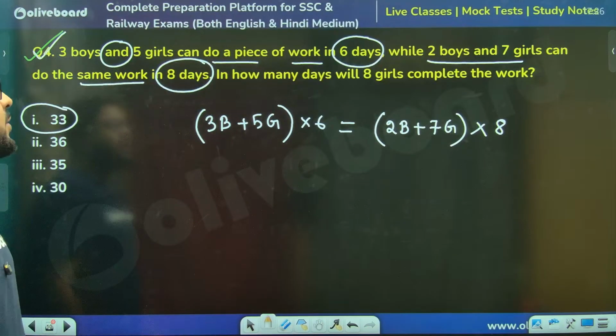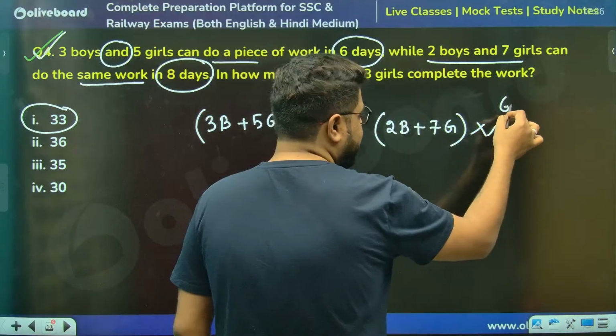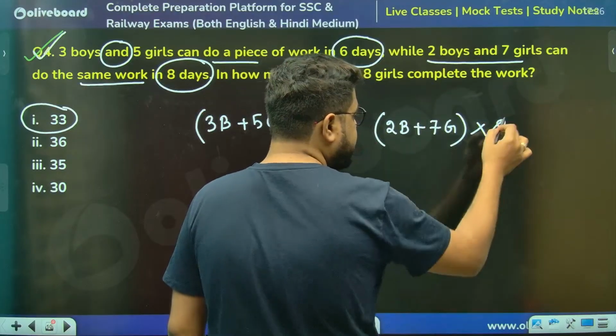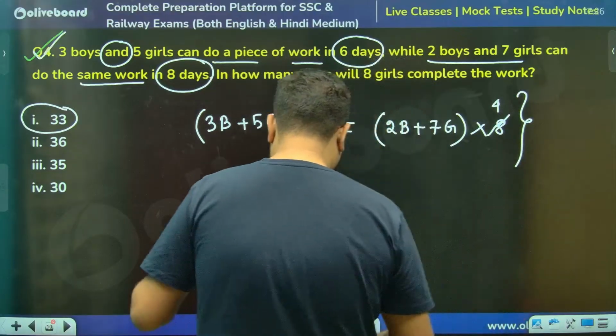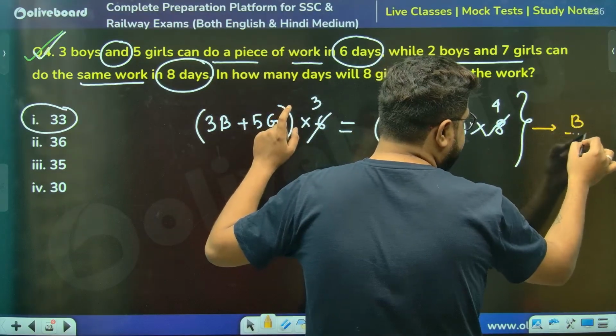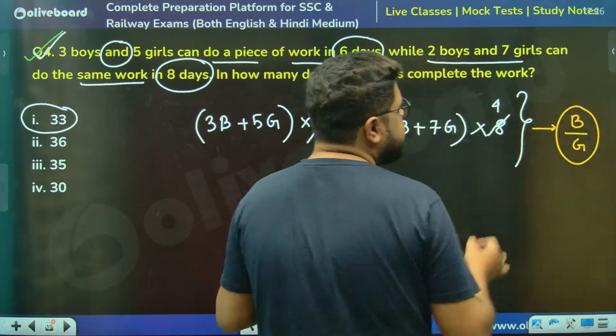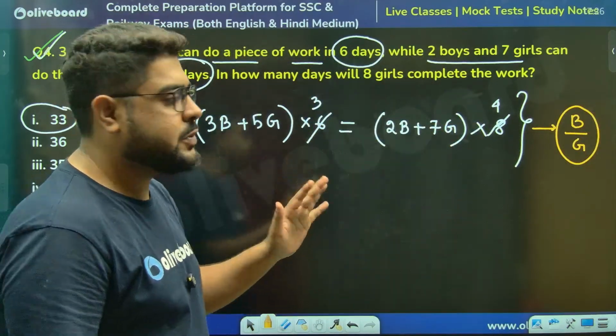From here, your job is very simple. Always from this equation, your job is to figure out B divided by G, the ratio between the efficiency of a boy and a girl, or G divided by B, whatever ratio.